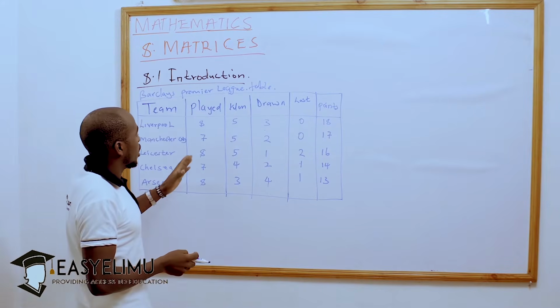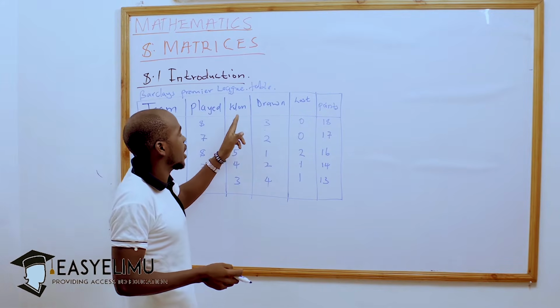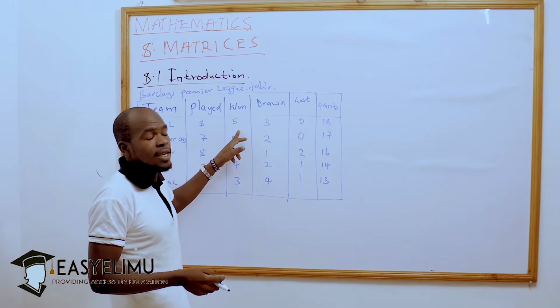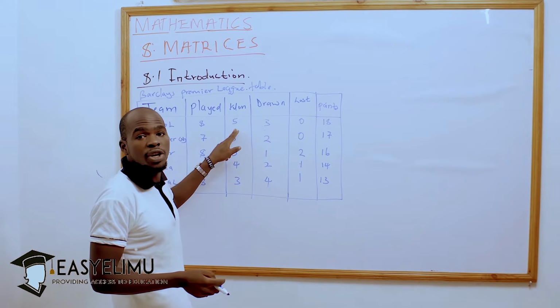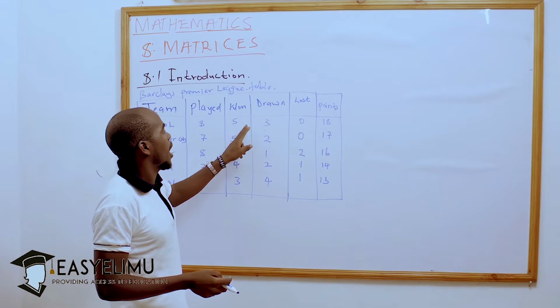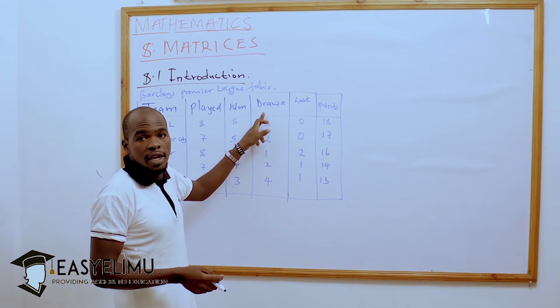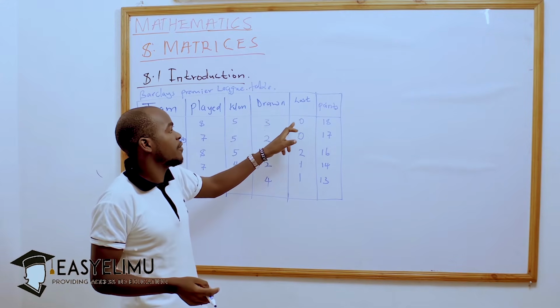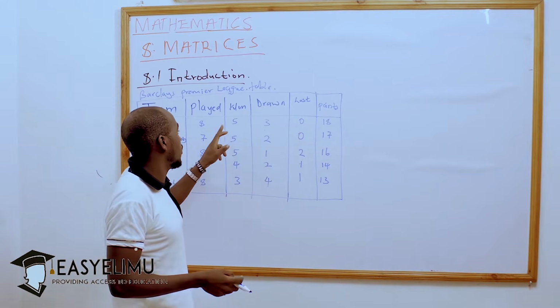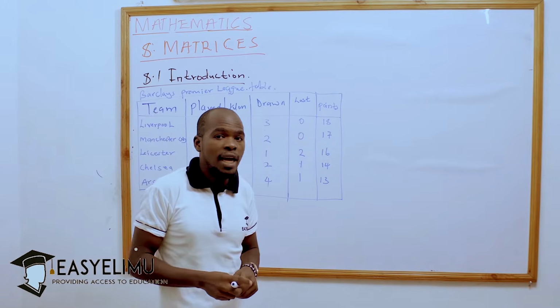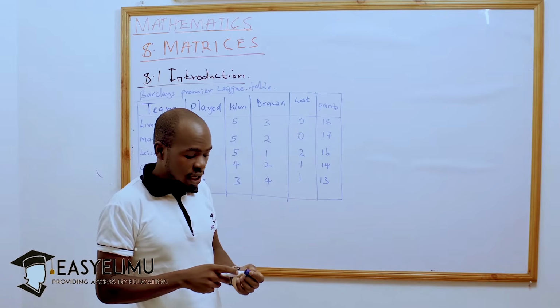If a game is played and a team wins, then it is entitled to 3 points per win. If it draws, it has 1 point. If a team loses, it has no point awarded.